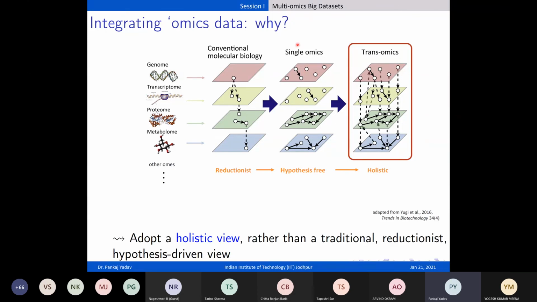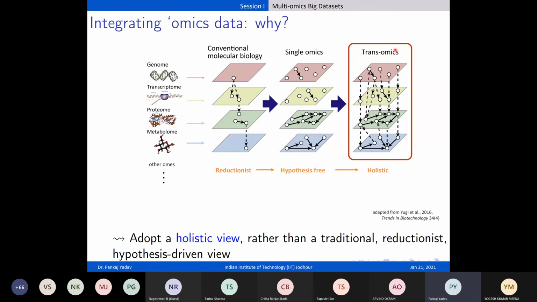And now single omics has also been around quite a while in the last few years, where people were just focused on a single layer, whether it is genomics, transcriptomics, or proteomics. They were not drawing any conclusion across these different layers of data.